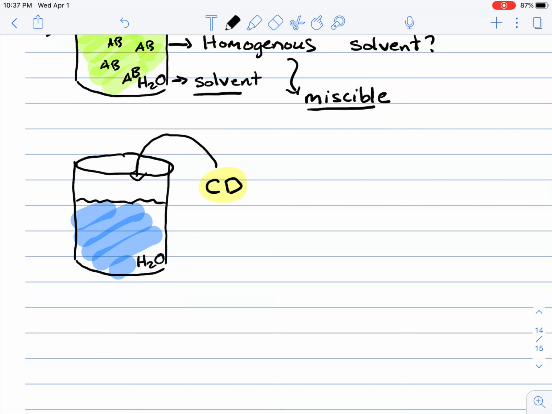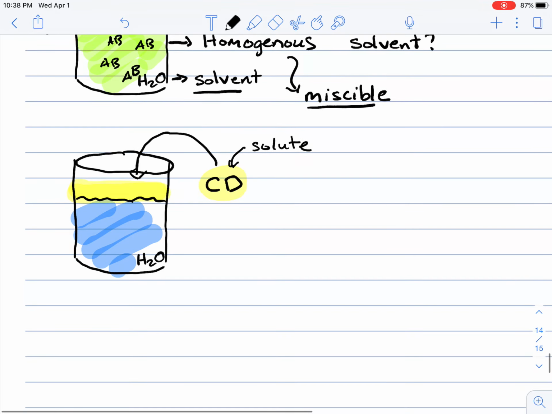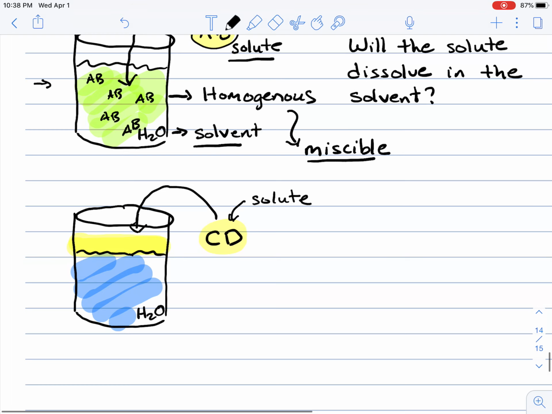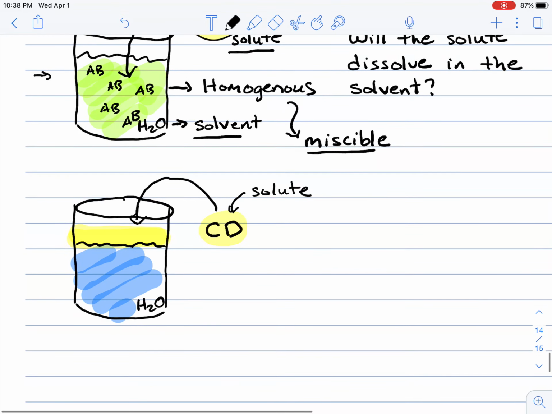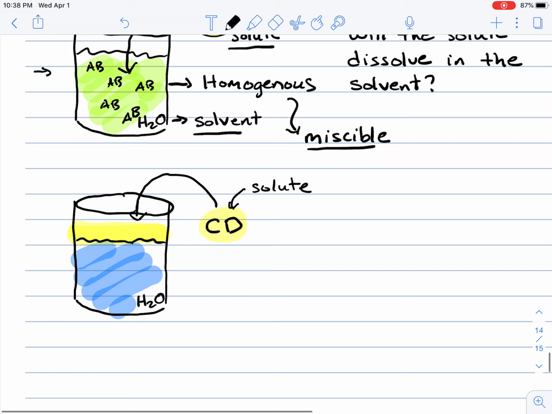If we place it in the solution, and if it does not dissolve inside this solvent of water, what we're going to see is a separation of layers, such that we see a layer at the very top that represents the solute that we just added. And so notice how this second beaker will not turn green. Rather, we will see two different colors to represent a heterogeneous solution.